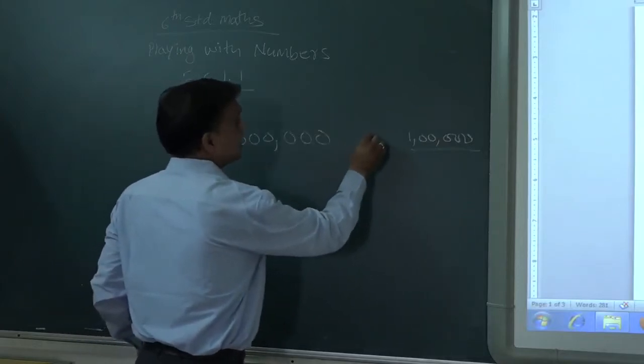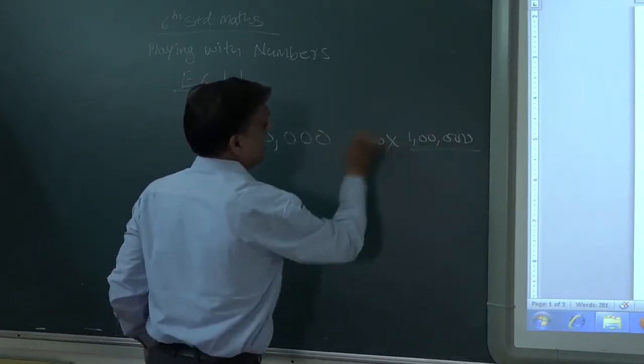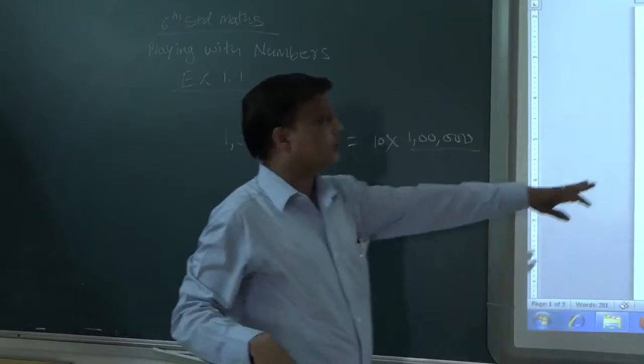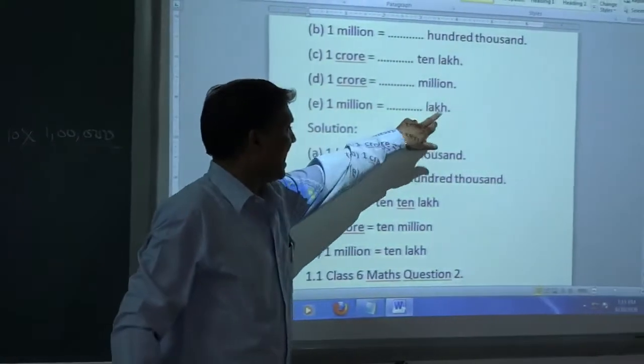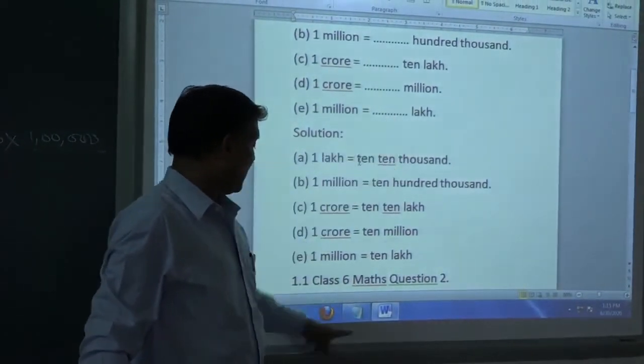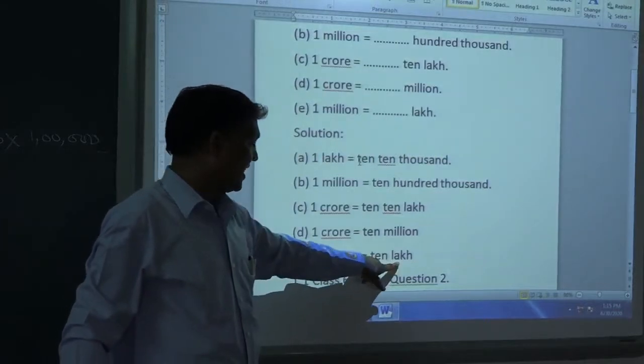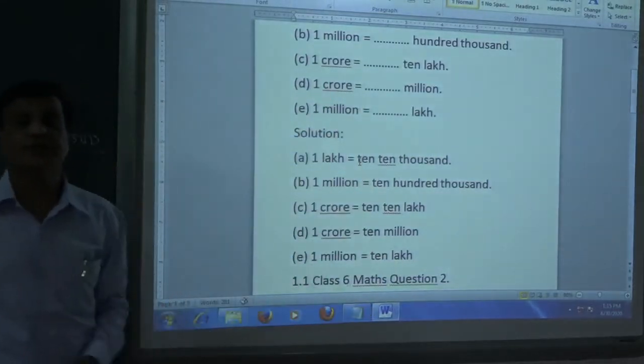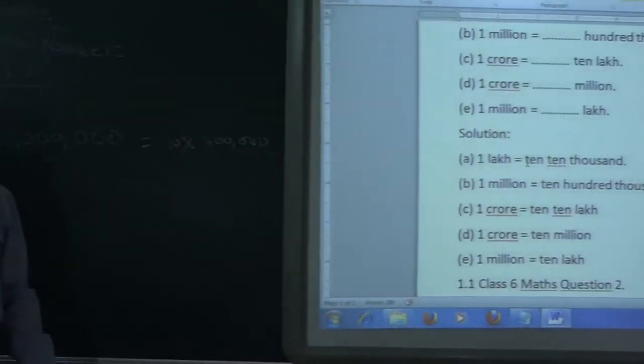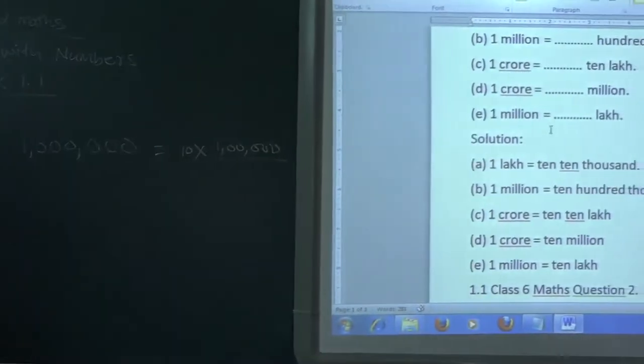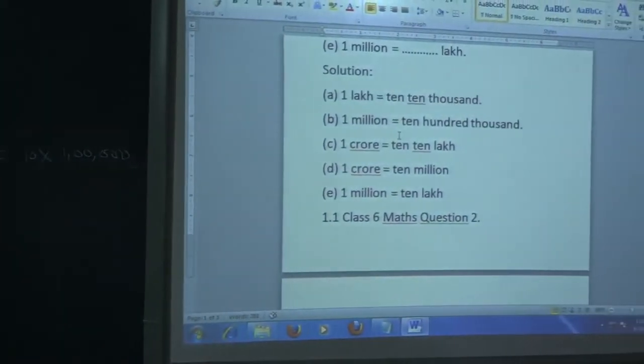In lakh you know there are 5 zeros. So here 1 zero less. 1 zero less means here it will become 10 multiplied by lakh. So 1 million is equal to 10 lakhs.